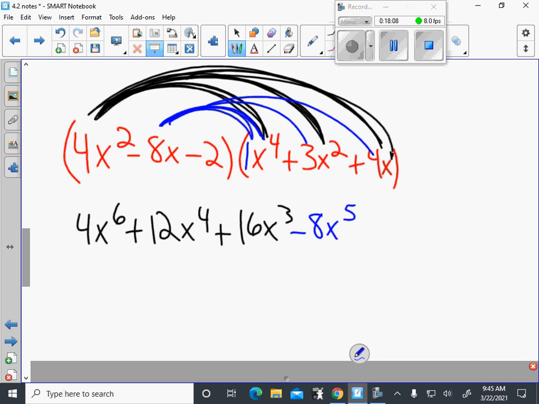Okay, now the middle one. Well, what's negative 8 times positive 3? That's a negative 24. Count the exponents. X to the 1st, x squared, so that's x to the 3rd. Okay, and last, negative 8 times positive 4 is negative 32. And then we have 1x for both of those, so it's x squared.